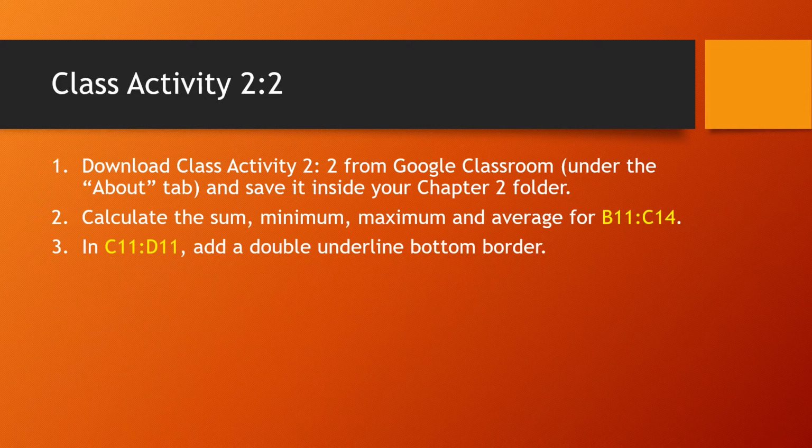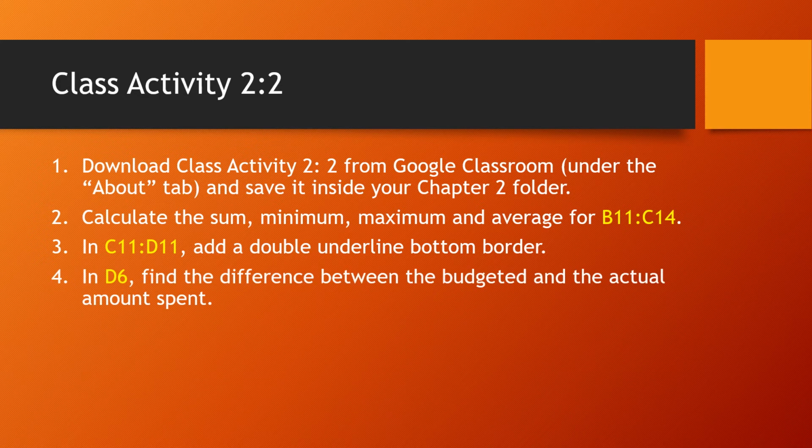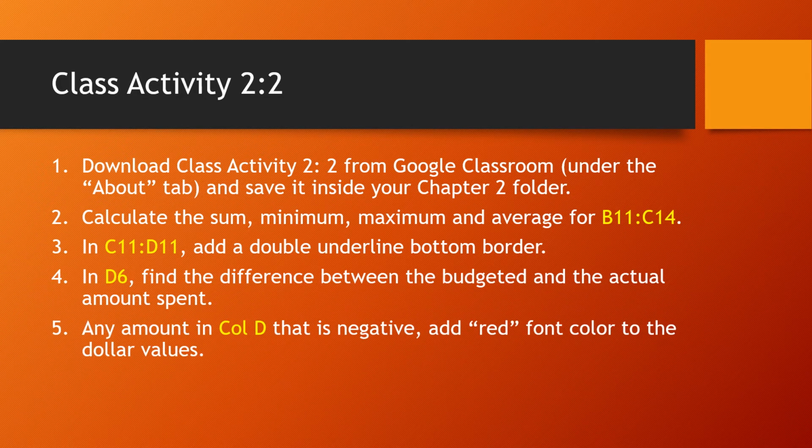In C11 through D11, add a double underline bottom border. In D6, find the difference between the budgeted and the actual amount spent. Any amount in column D that is negative, add red font color to the dollar values.